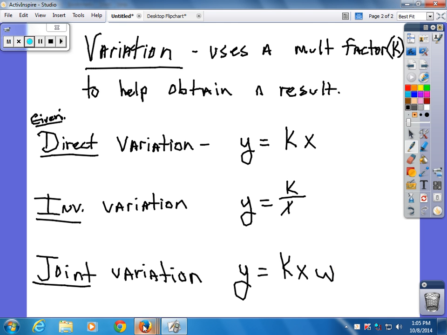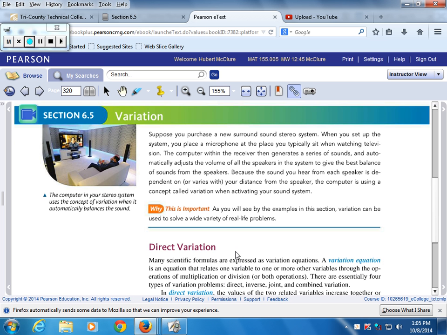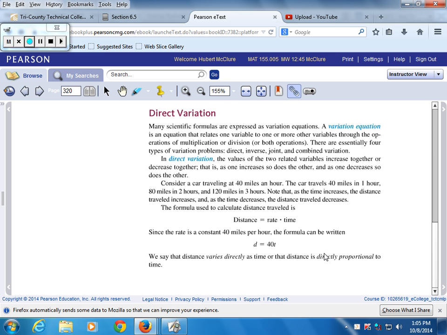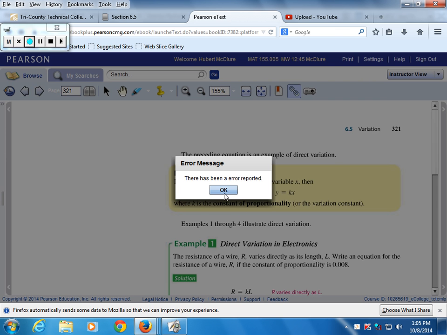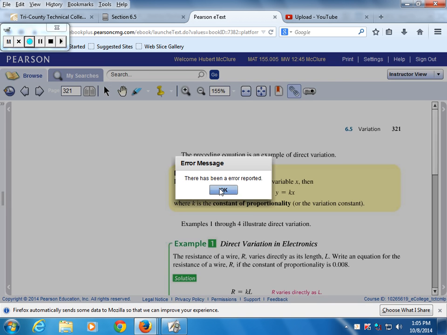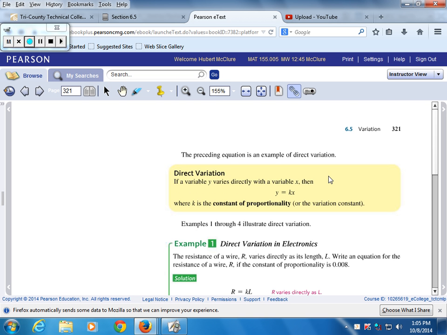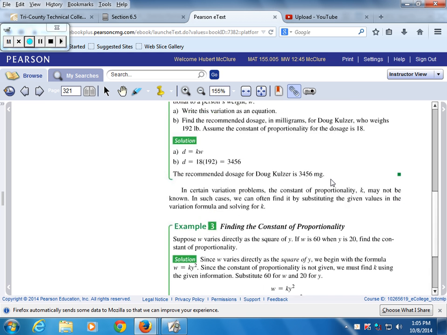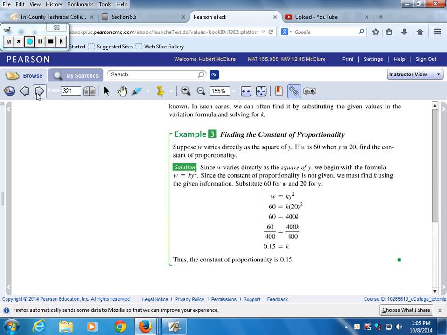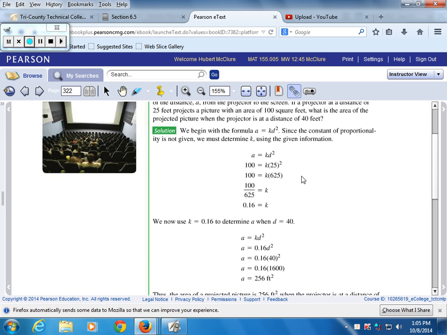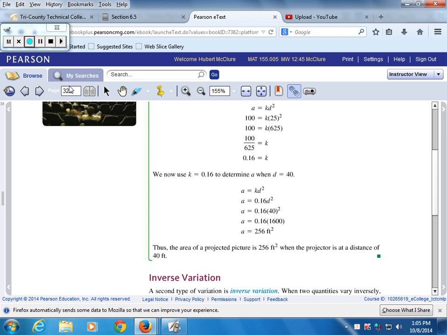These are all on page, let me tell you what page so you'll have it. They got them listed all on one page. Hold on. Okay, they're on different pages, but there's one page that's got all of them on it, and I was going to find that page for you. 320 and 321, that's direct variation.